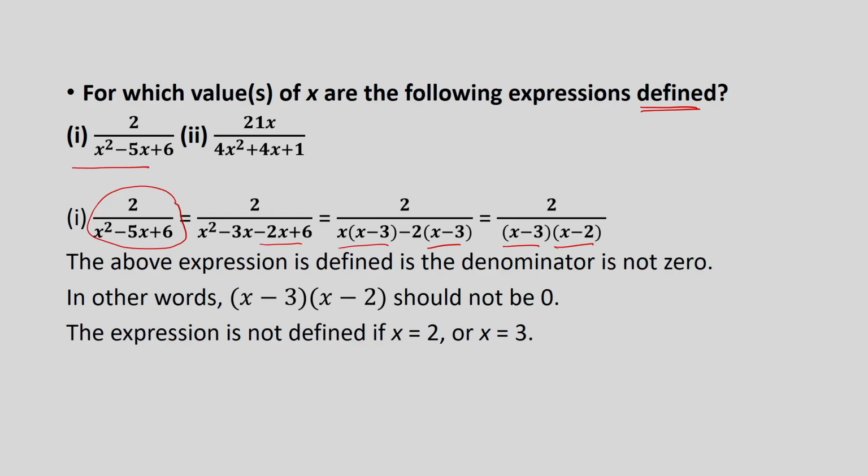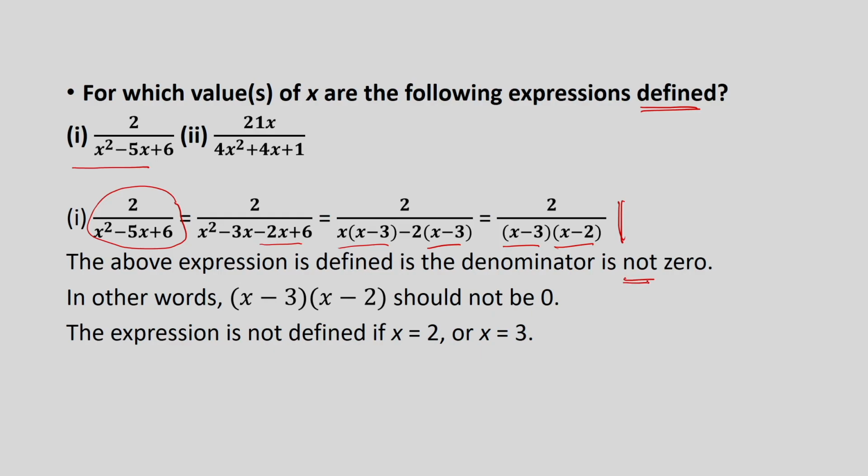Now, the point that is important in this problem, the point that we are going to use, is that this expression, 2 divided by x minus 3 times x minus 2, is defined if the denominator is not 0.